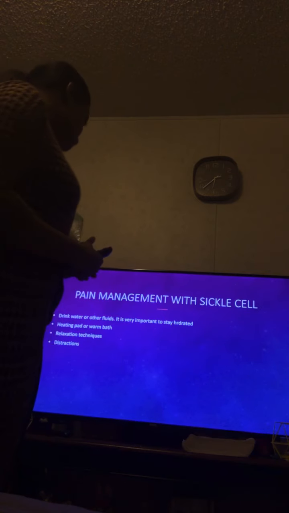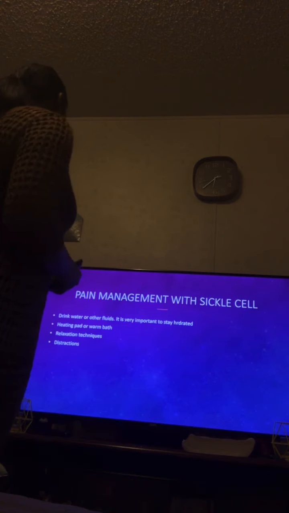Okay, this is pain management with sickle cell. It says drink water or other fluids. It is very important to stay hydrated. Even the littlest amount of dehydration can cause a problem. So if you're exercising or any type of sport or whatever, it's very important to stay hydrated because a little bit of dehydration can really cause a problem.